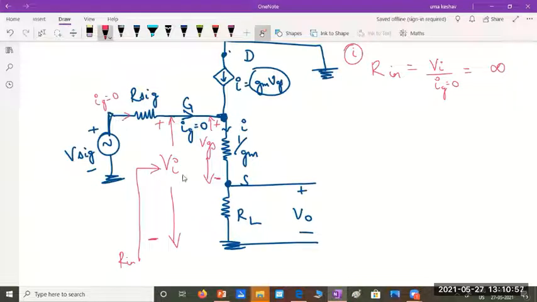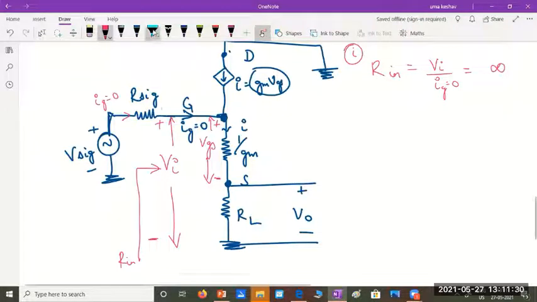Infinity. Like in all the cases before, Rin value turns out to be infinity here also. Please remember, this is the biggest advantage of MOSFET based amplifiers. Whenever we consider FET or MOSFET amplifiers, in all the cases, the input impedance will be infinity. If there is no biasing resistor. I have shown you the case if a biasing resistor is included, input impedance will be equivalent to the bias resistor.